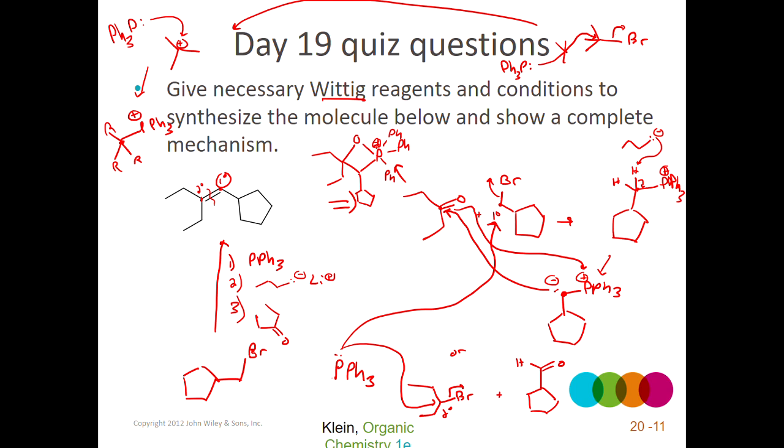Oops, that shouldn't be a positive charge. I'm trying to figure out why the molecule is suddenly overall positive. Yeah, there's no charge on a phosphorus. It has 5 single bonds. So then the oxygen would pull these electrons away to form a phosphorus oxygen double bond, and the carbon would pull these away to form the pi bond there. So that would give you the product.